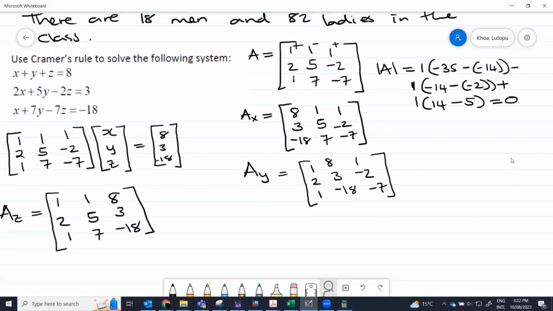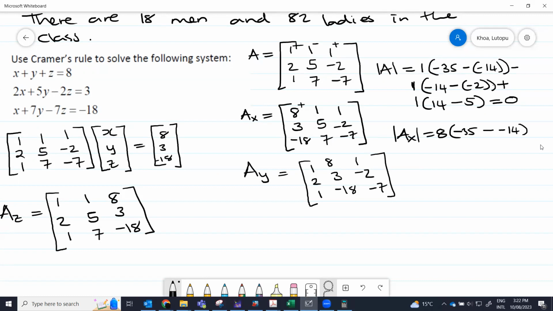Doesn't want to go down, that's fine. So the determinant of AX. So if we go along the first row, so this is 8 multiplied by negative 35 minus negative 14.